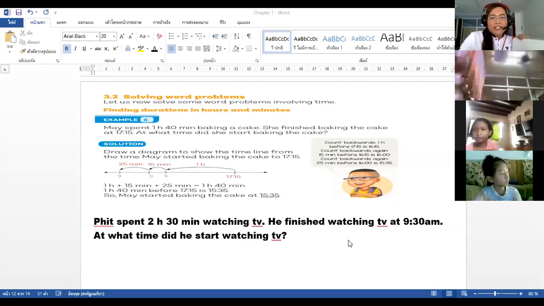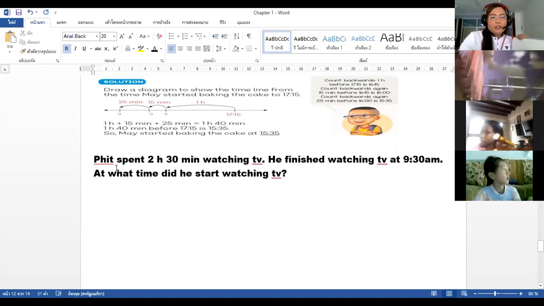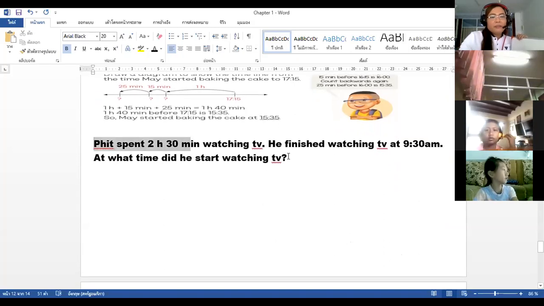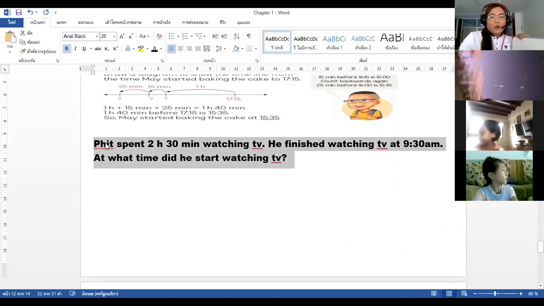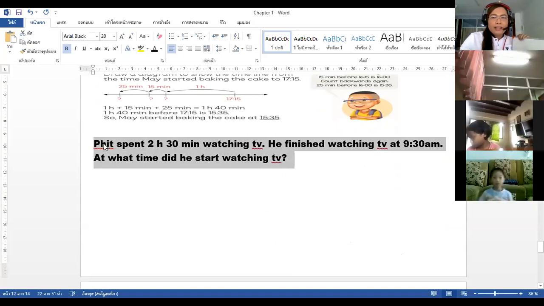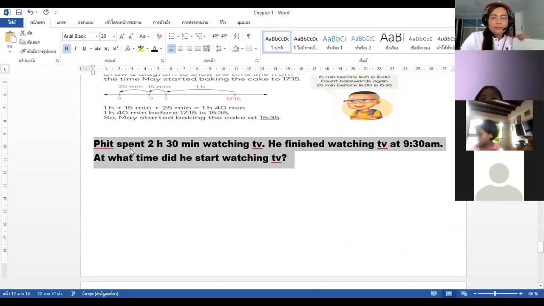I have another example. So the example here is, who can read? Boom, can you read the example, this one? Pete spent 2 hours 30 minutes watching TV.